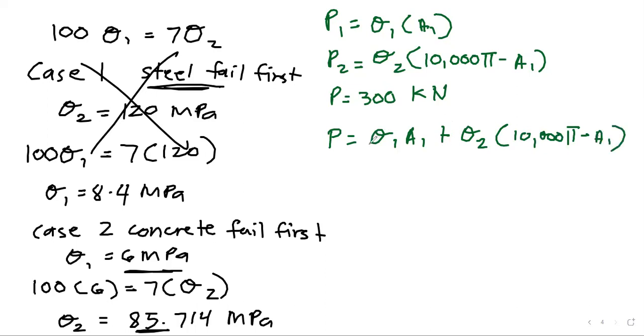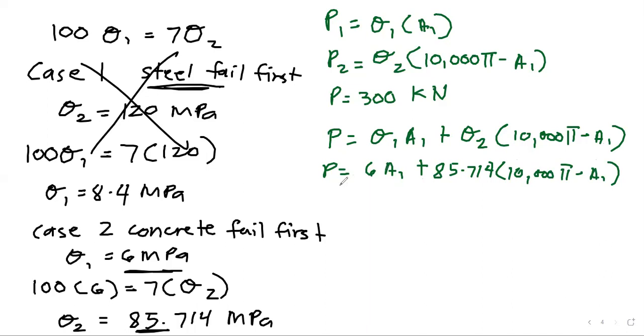And then, substitute natin yung value ng stress 1 and stress 2. So, P is equal to 6 A1 plus 85.714 (10,000 pi minus A1). Okay? So, ayan na siya.